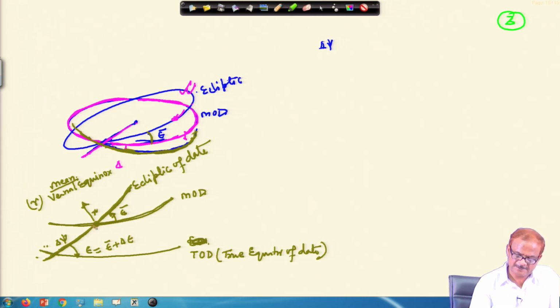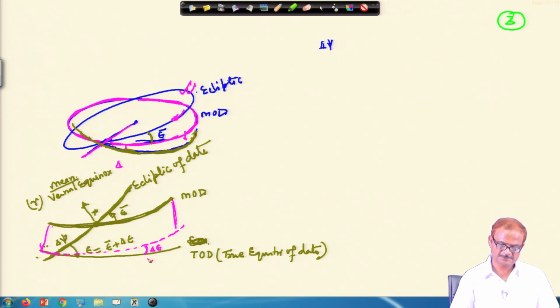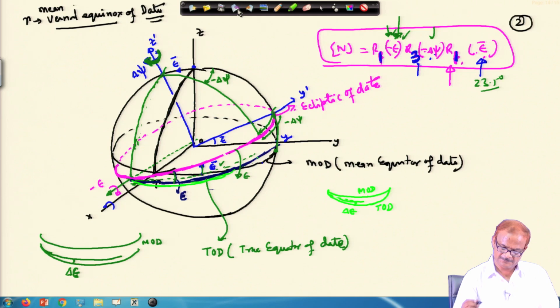If this is the mean equator of date, and I draw a line parallel to it, these two are parallel, then this angle is your delta epsilon. I am not able to show it clearly here because the angles we are taking are large, so it is not very visible.